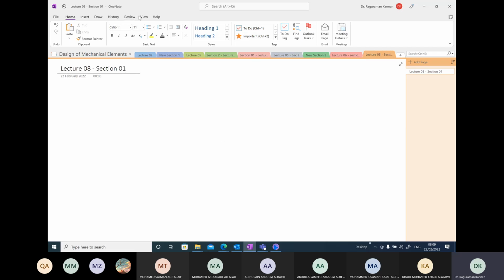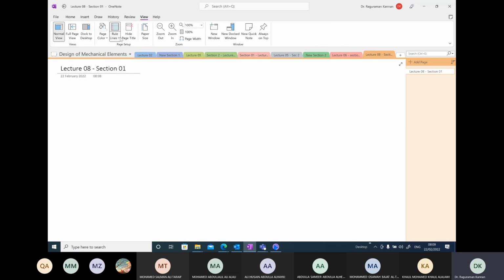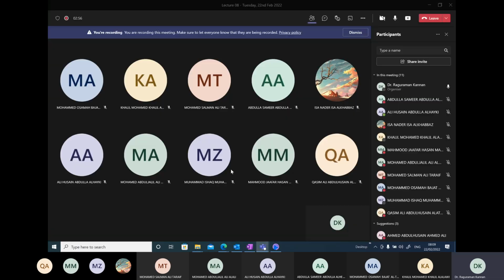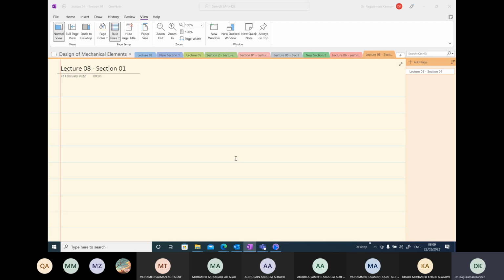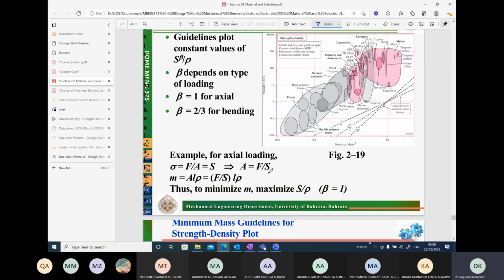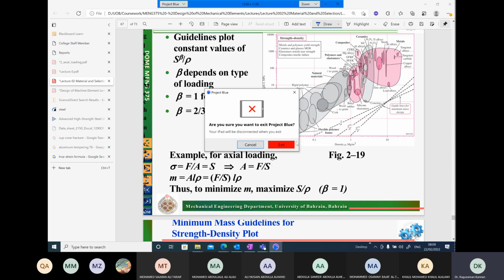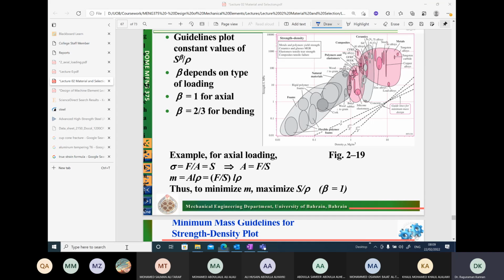All right, so let's go to this problem again, the axial load problem. Still not working. Just one second.